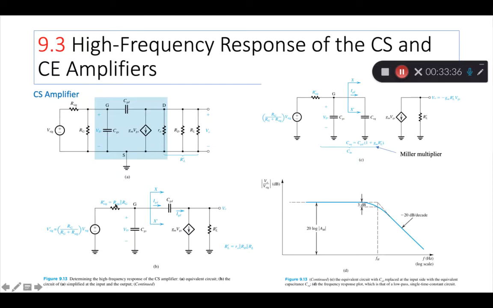Now the circuit of A is simplified on the input and the output. So what he's done is he's applied some formulas. For example, on the output we have 3 resistances in parallel, so you can create a new resistance called RL prime, which is the parallel of the 3. Similarly, on the input side, he has used a voltage divider formula. Actually, this is a bit of a Thevenin equivalent on this side.